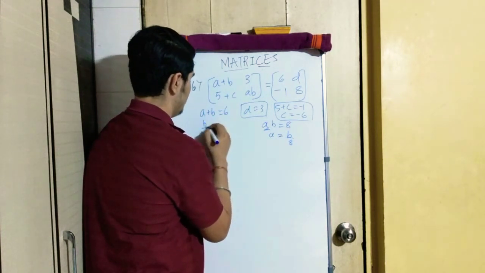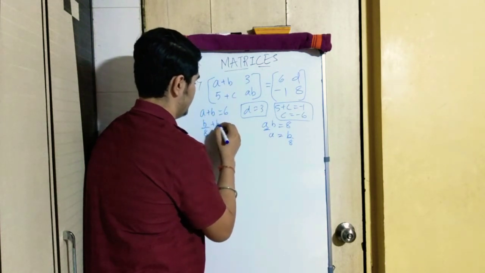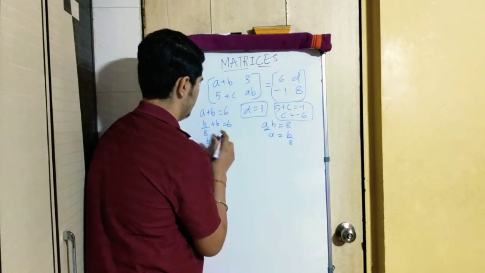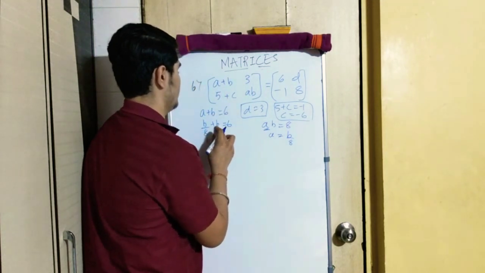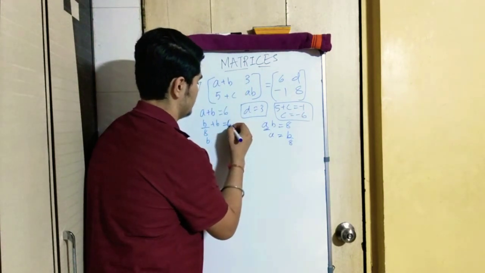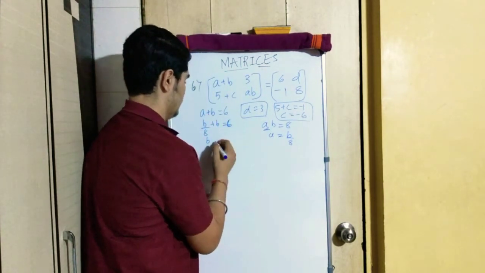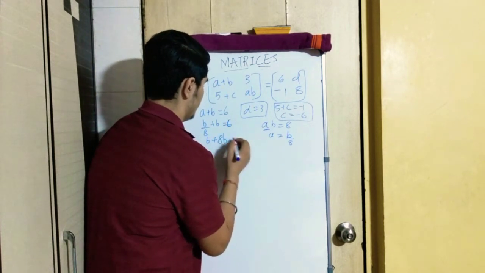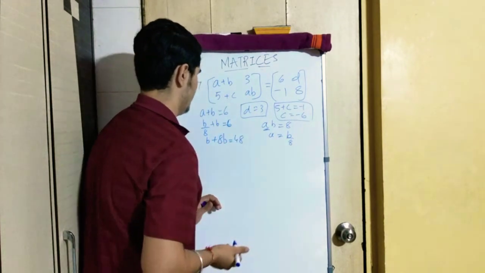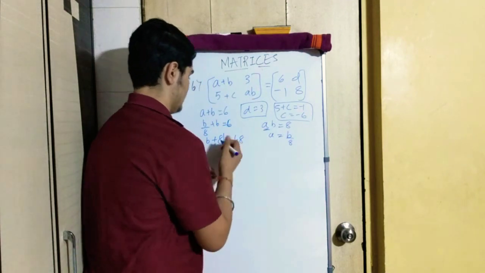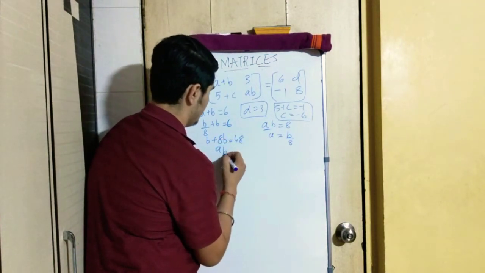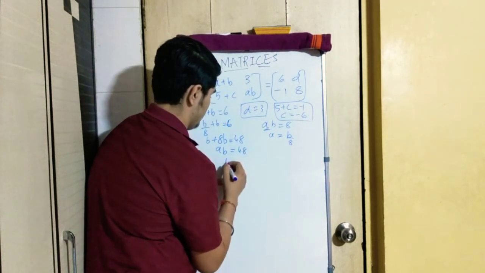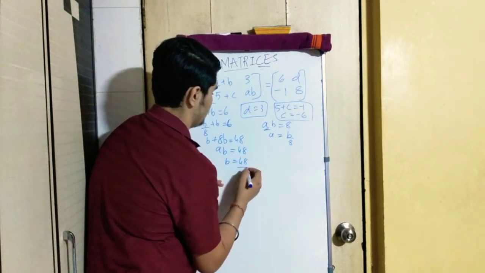So 8 upon b plus b is equal to 6. I multiply by b here and here. So 8 plus b square is equal to 6b. So b square minus 6b plus 8 is equal to 0.